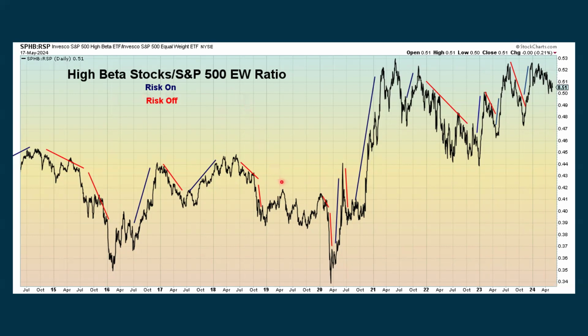And we take a ratio between them. You can see back in 2020 where this ratio was just really shooting up as folks were getting more and more risk on. Well, in 2024, I stopped showing this chart in the daily video because we haven't been really showing any kind of conviction either way. We're coming down a little bit, meaning that we're slightly more risk off. But if we start to go back up, that means that the market is turning more risk on.